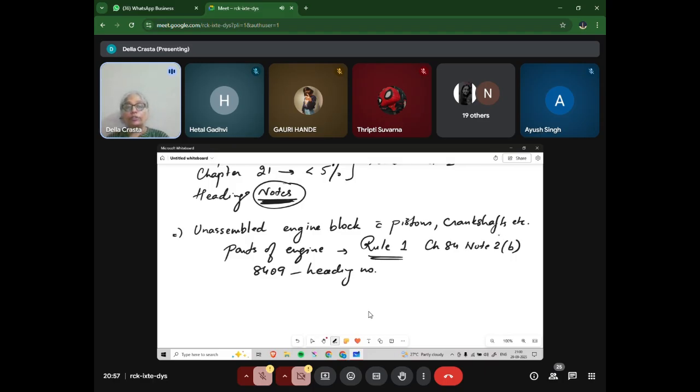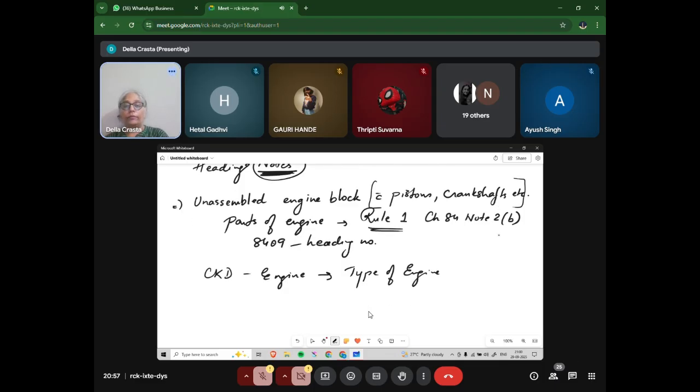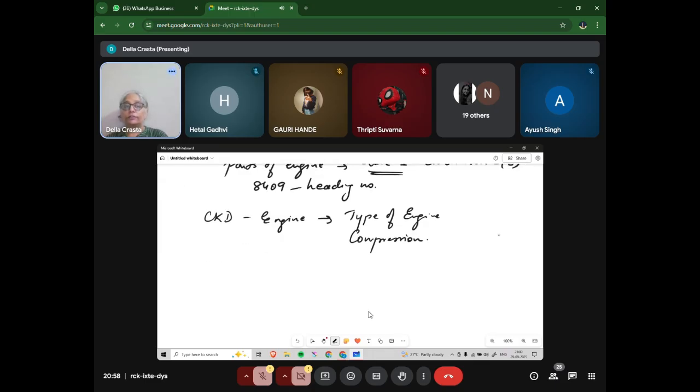Now, supposing I would not have given all this. We just mention unassembled engine block, or you can say CKD engine. Then you will have to ask what type of engine it is. Supposing I say it is compression, then how will you classify this?